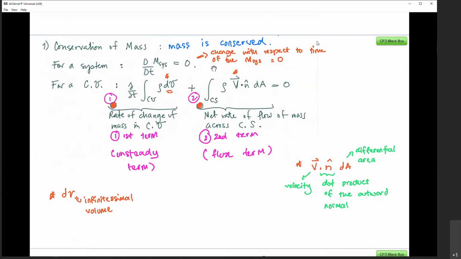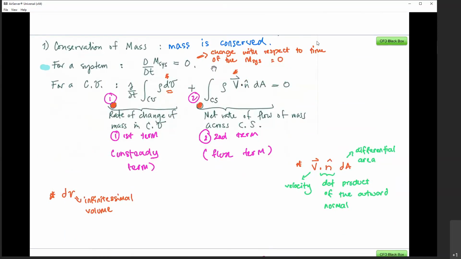For a system, we can write d over dt of the mass in the system equals 0, meaning that the change with respect to time of the mass in the system is equal to 0.